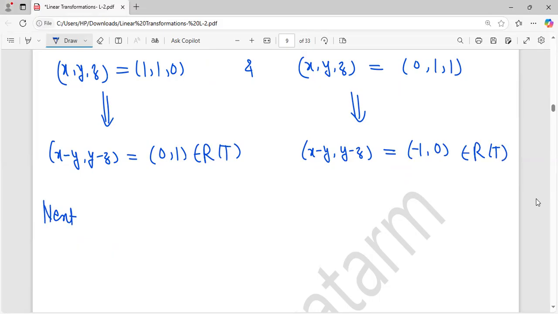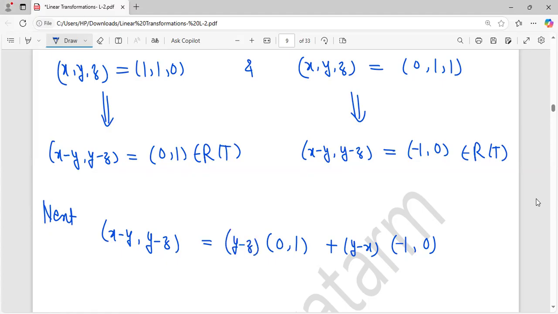Next, (x minus y, y minus z). How can we write it as a combination of these two elements (0, 1) and (minus 1, 0)? So what should I write here? Y minus x, and here y minus z I should write.